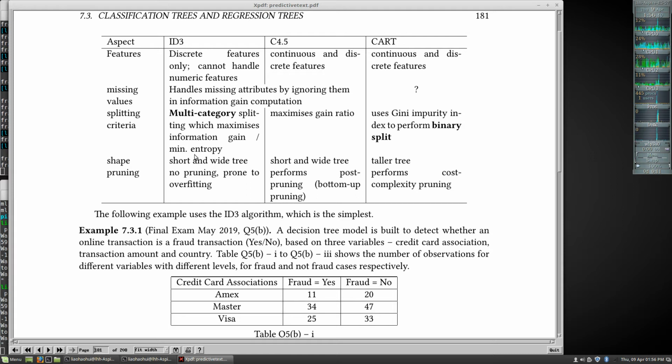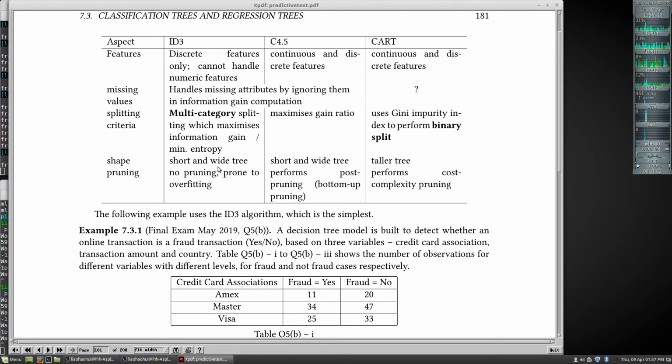The bad thing about ID3 is that the trees generated are normally short. Why is it short? Because it depends on how many features we have. If we have x1 until xp, it will be at most p levels deep. Because we branch out a lot, it's going to be shorter, but wider.